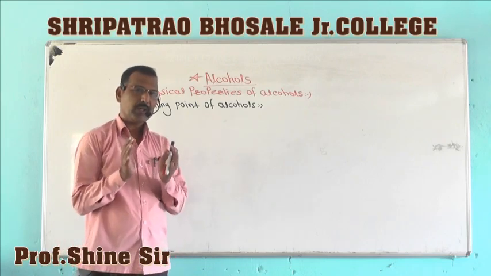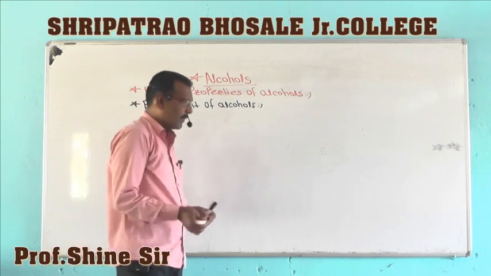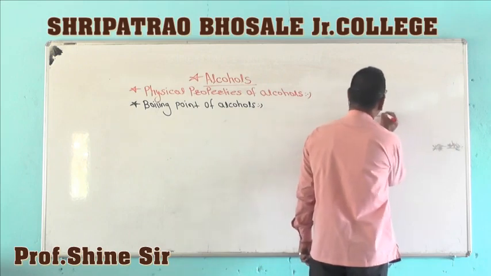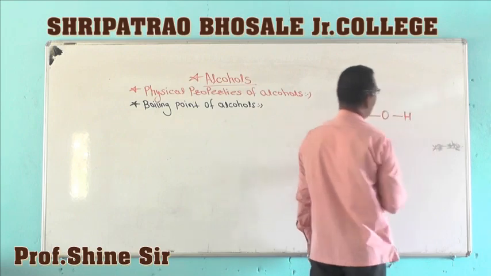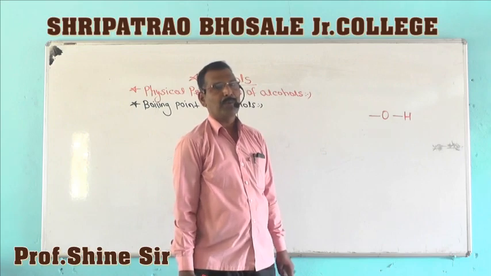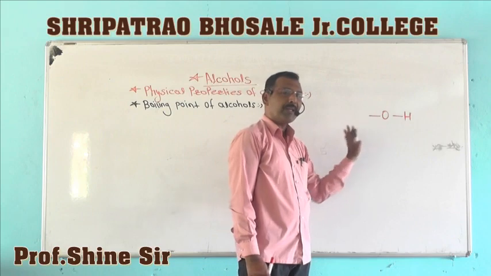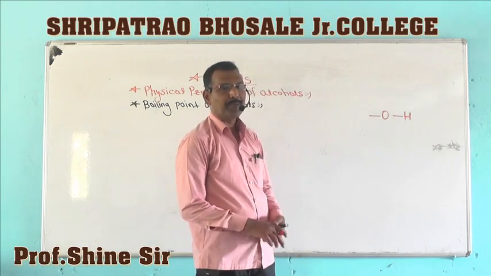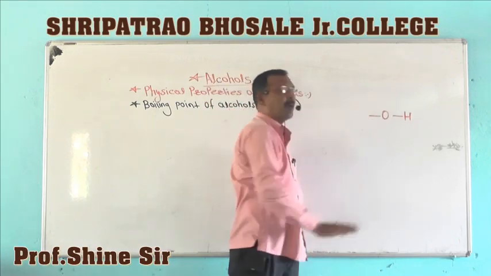Now, why do alcohols have higher boiling point? Because in alcohols there is the OH group, and this hydroxyl group is highly polar, because there is a greater electronegativity difference between oxygen and hydrogen. The electronegativity of oxygen is greater than hydrogen.